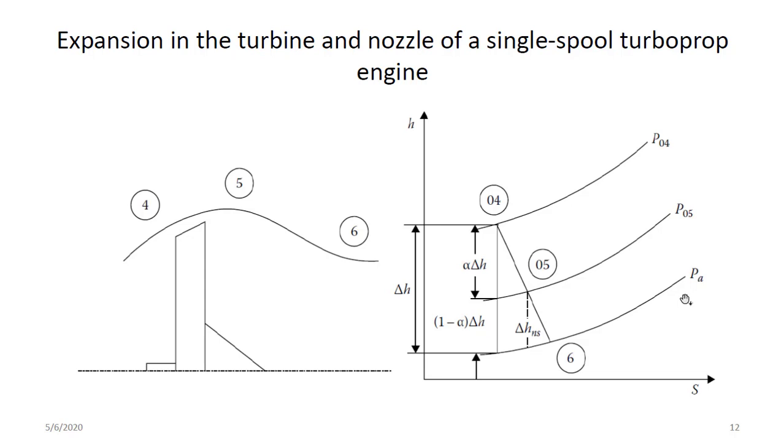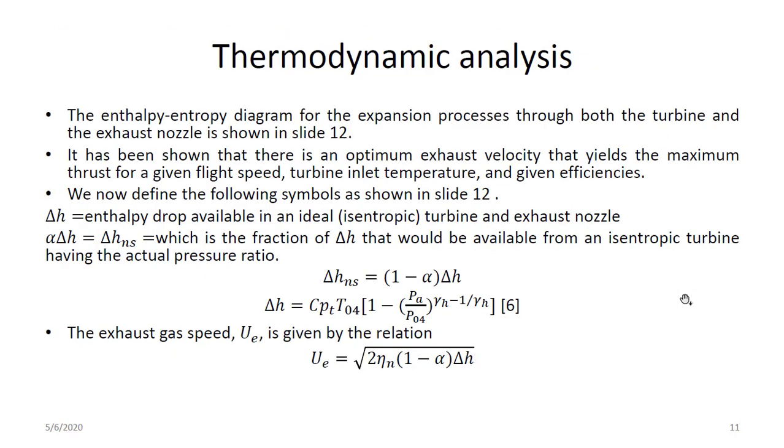So between 4 and 5, there is this alpha delta H. So this is a ratio of how much enthalpy is lost. So the enthalpy that is available in the nozzle, delta H subscript NS, where N is the nozzle, okay?